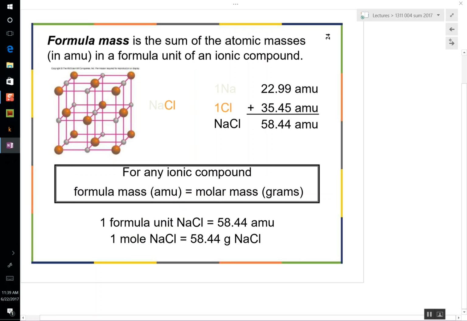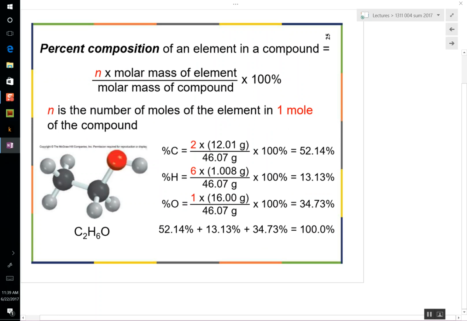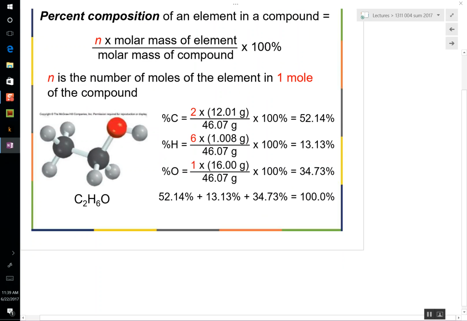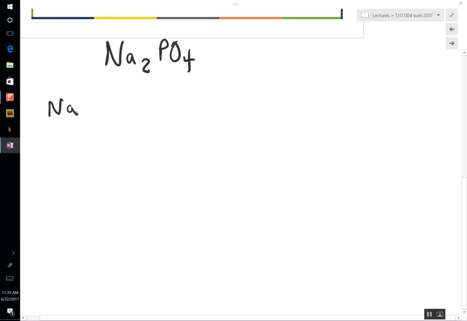Percent composition. Let's do a new one here, sodium phosphate. So come on over here and list out what you've got in this compound. You've got 2 sodiums, 22.99.